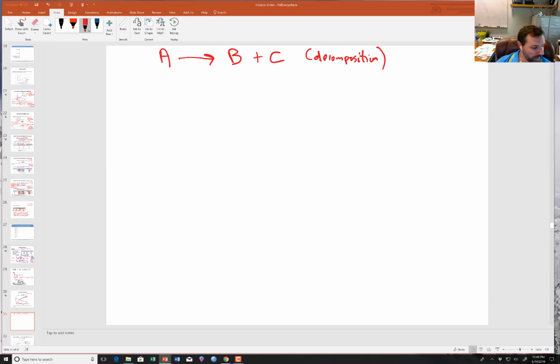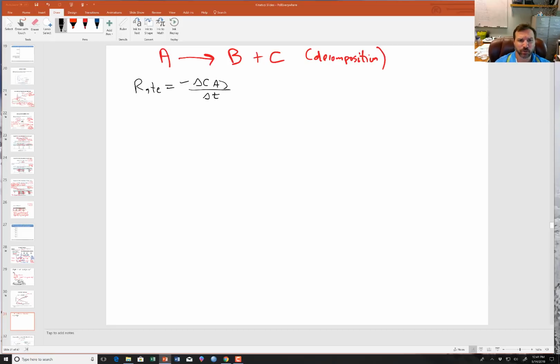So we know that we could come up with a rate expression. The rate of this reaction would equal minus the change in concentration of A over the change in time. This is just from our basic rate expressions that we talked about earlier in the unit.